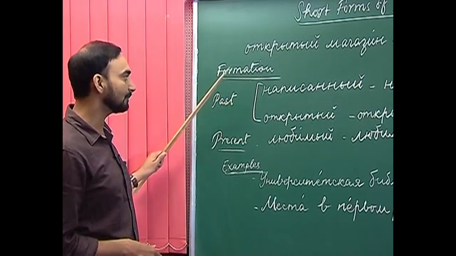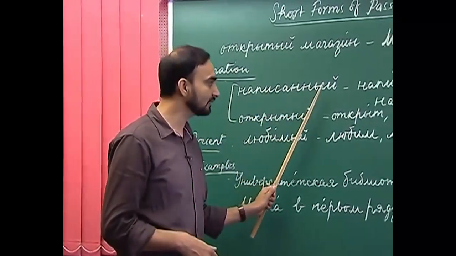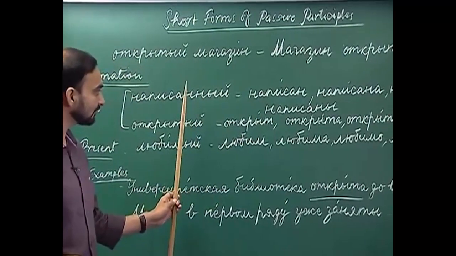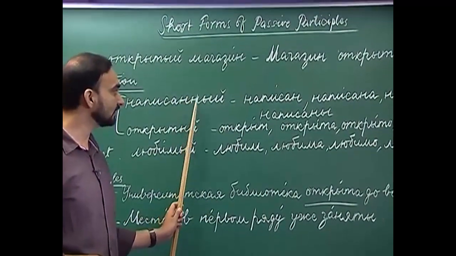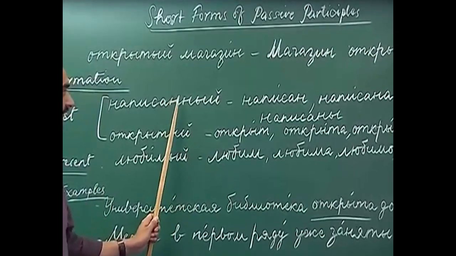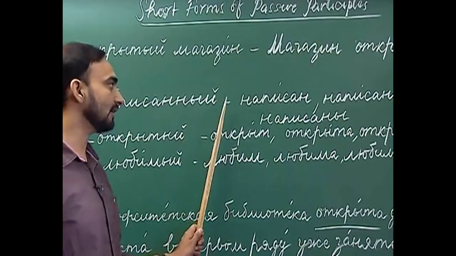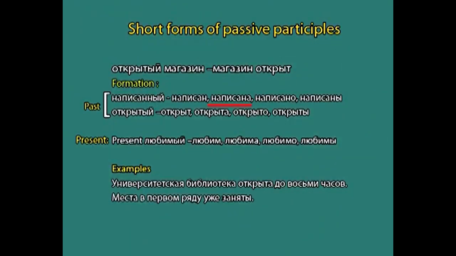From past participle passive, for example, написанный, how do we form the short form? You have to just drop ный. So, basically if there are two н, you have to drop one н and the ending. So, we get написан.